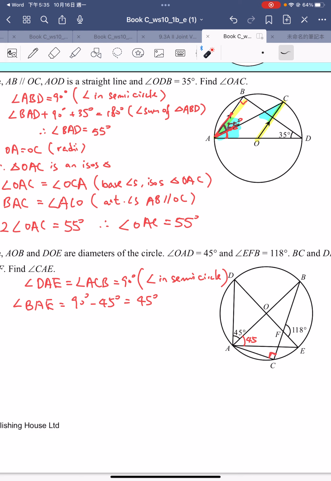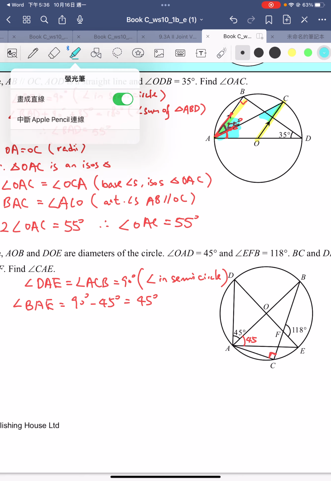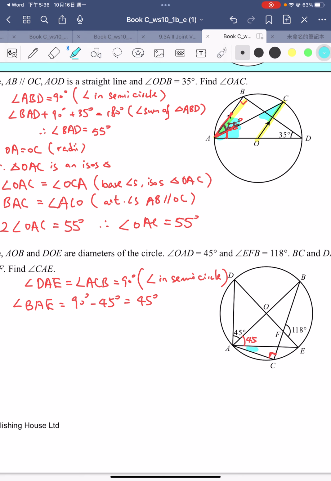Now consider the triangle ABC. The required angle is the angle CAE, which is this small part. So we try to highlight it first. This part is going to be our required angle.